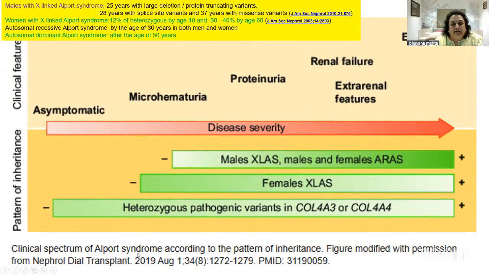From this figure, males with X-linked Alport syndrome, and males and females with autosomal recessive Alport syndrome, have more disease severity and progress to end-stage renal disease faster as compared to the autosomal dominant heterozygous pathogenic variant and female X-linked Alport syndrome.